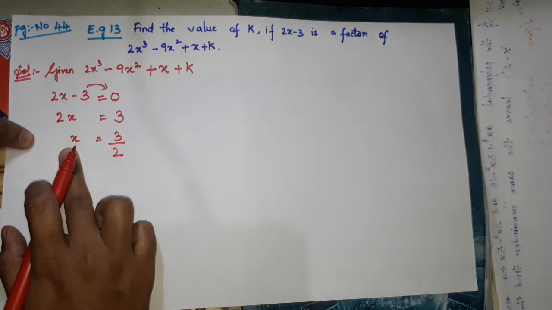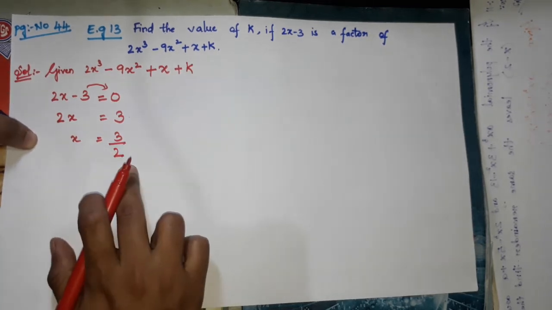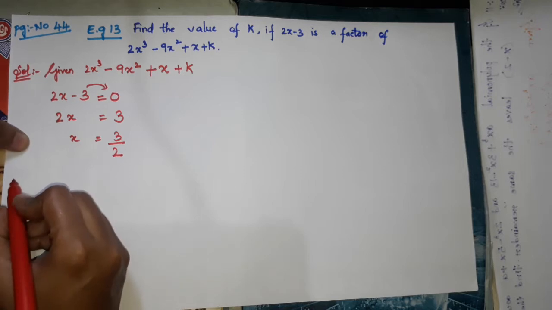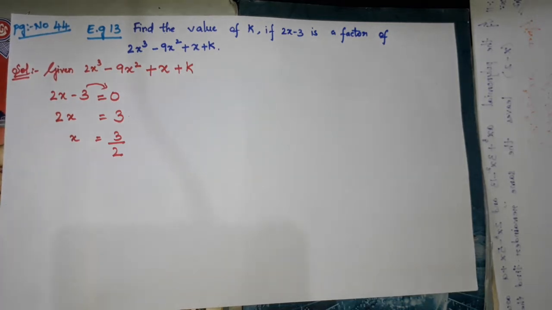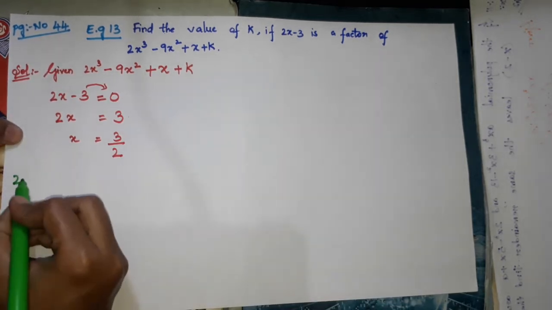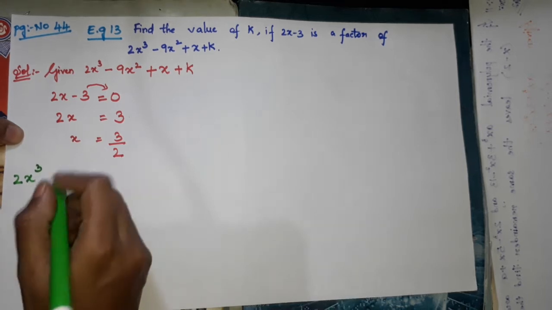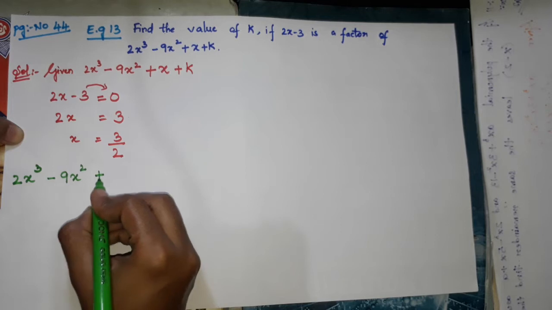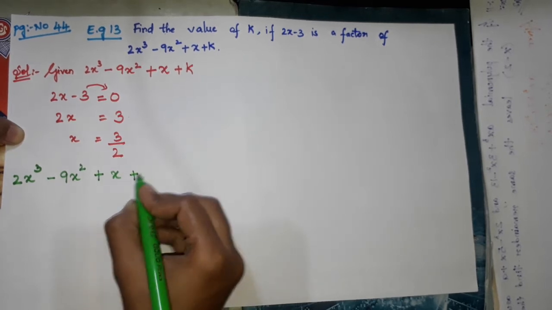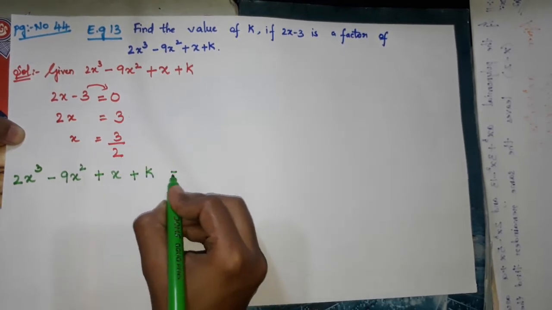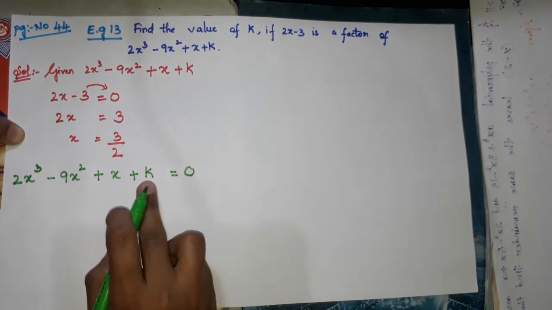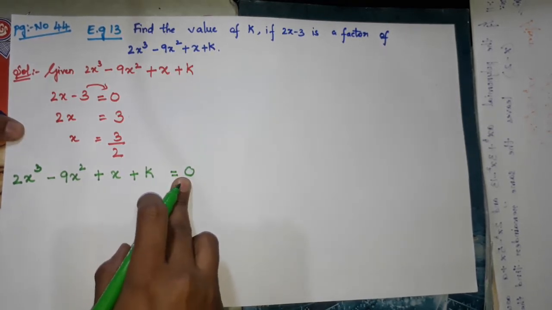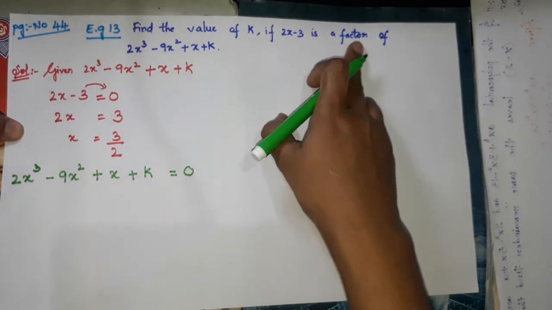Now in place of x, what we have to substitute? 3 by 2, okay? 3 by 2. Now what is our equation? Our equation is 2x cube minus 9x square plus x plus k equals to 0, as we want the value of k. So equals to 0 we have to write it, okay, as it is a factor.